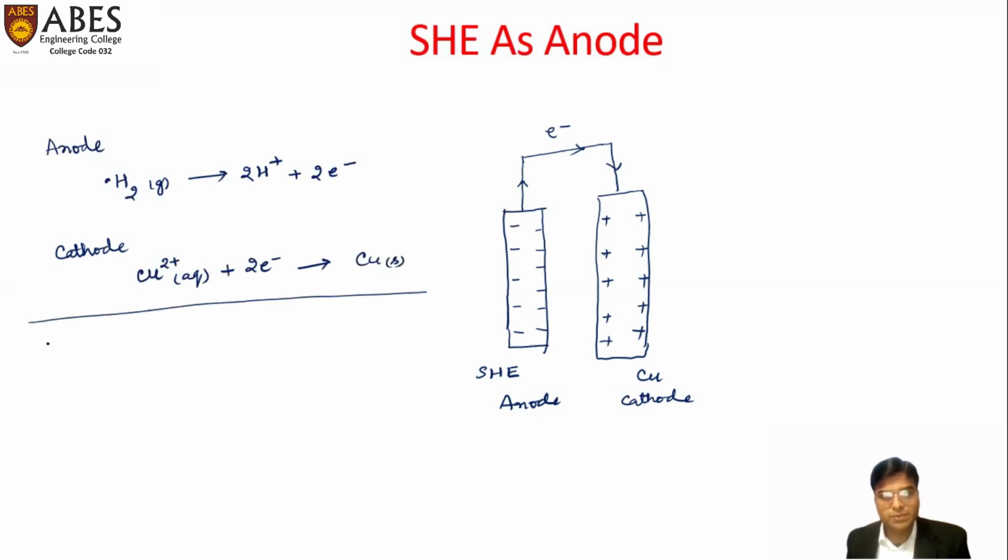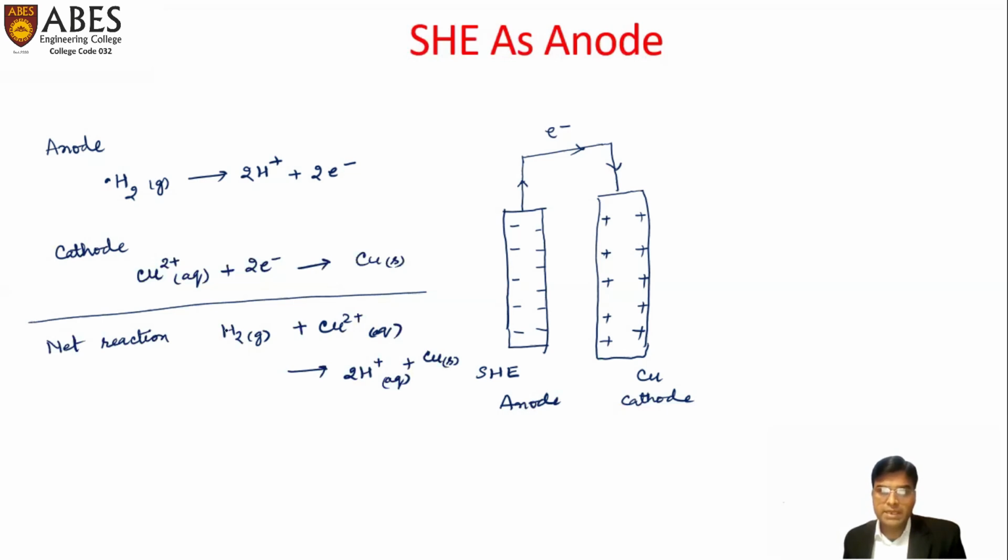The net reaction may be shown as H2 in gaseous form and copper 2 plus ions in aqueous form convert to 2H plus and copper in the elemental form.